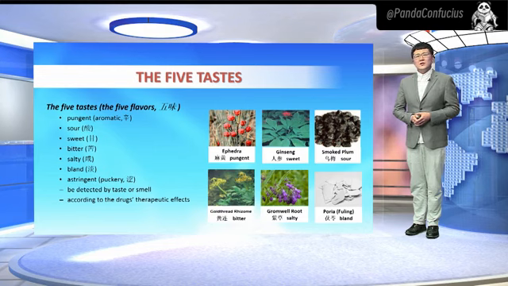In most instances, drugs' flavors can be detected by taste or smell, but sometimes they are judged according to the drug's therapeutic effects based on a long period of clinical practice.